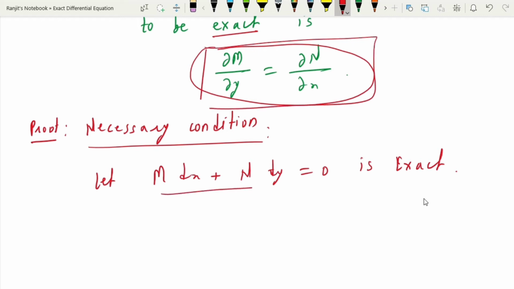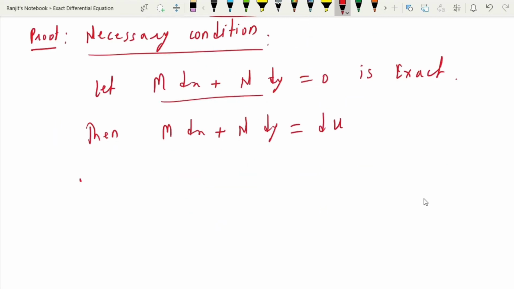If M dx plus N dy equal to 0 is exact, then the left hand side M dx plus N dy is equal to the total differential of some function u, where u is some function of x and y.